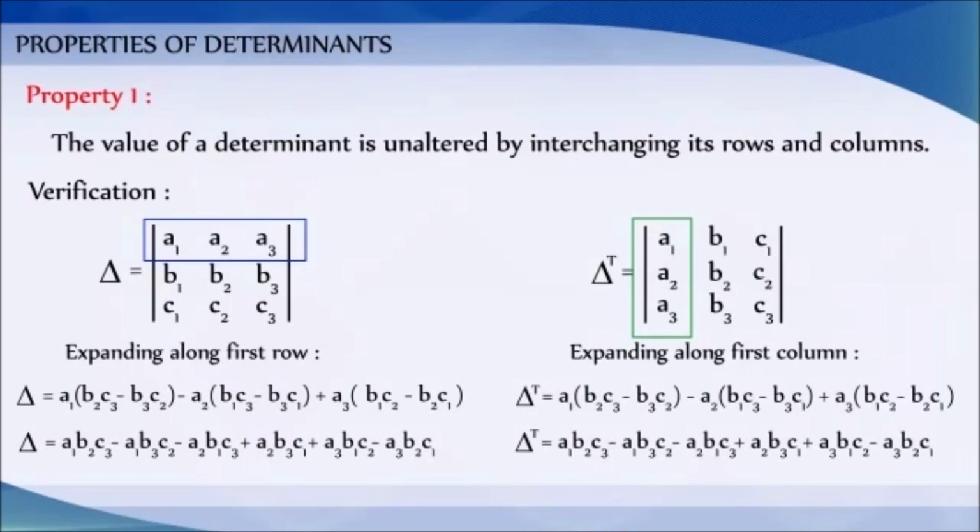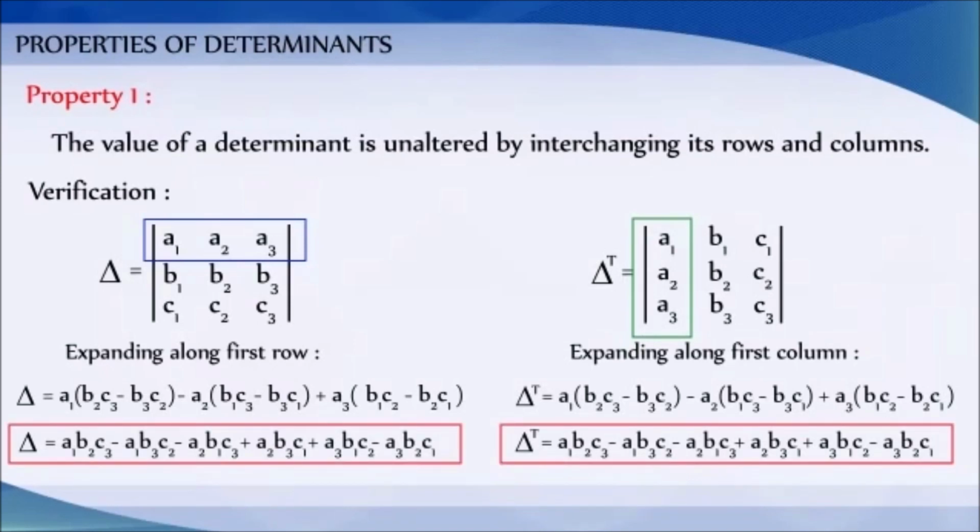We observe that both the determinant values are the same. Therefore, if A is a square matrix, then determinant of A is equal to determinant of A transpose.